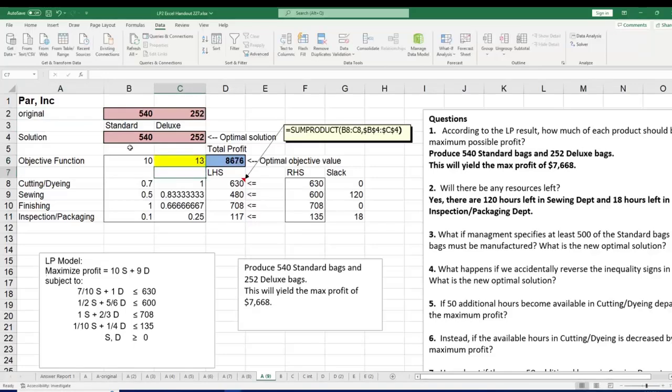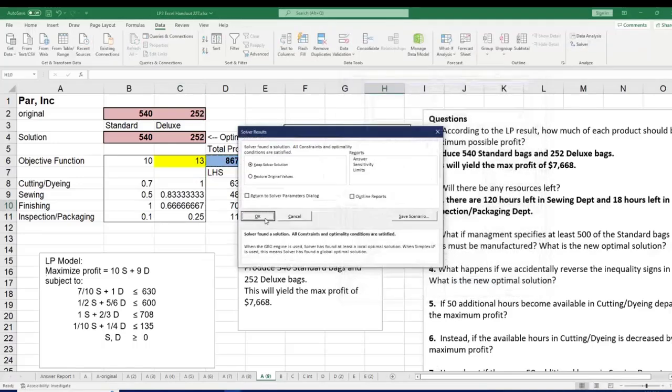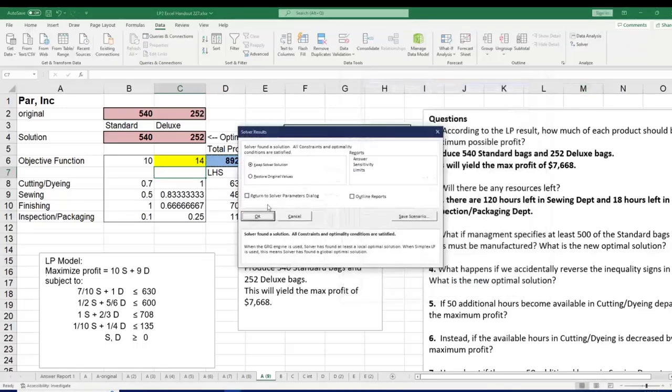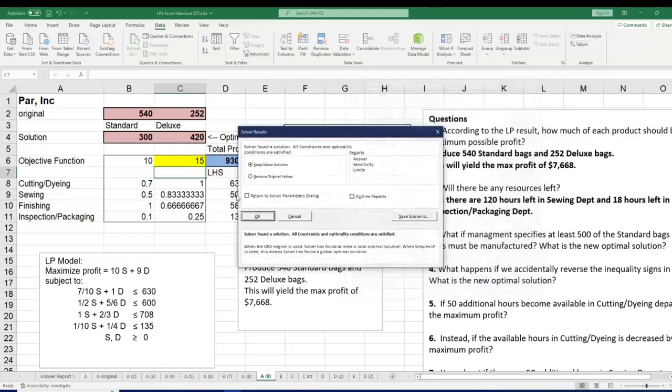I try 13 and see if that does anything. Solve it again. Did it change the solution? Oh, no. 14? Will it change the solution? Nope. Let's try 15.